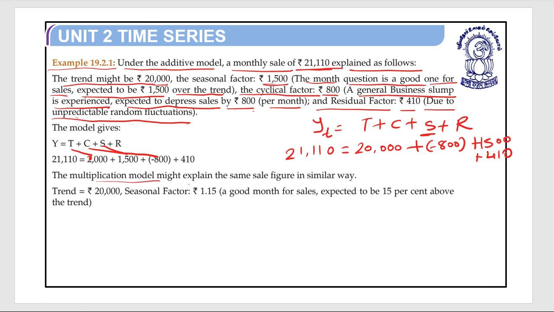The multiplication model might explain the same sale figure in a similar way. Trend rupees 20,000, seasonal factor 1.15, a good month for sales, expected to be 15% above the trend.